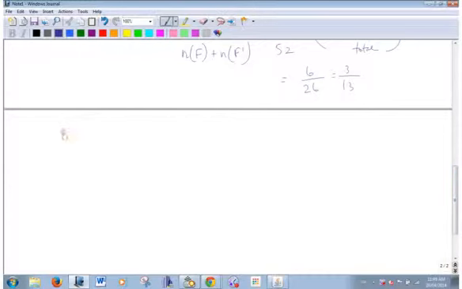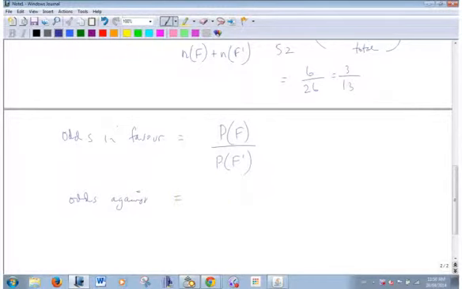Okay? Now, what's the formula for odds in favor? Okay, that's what we did. Probability of a face card over the probability of not a face card. So as a formula, that's what it is.